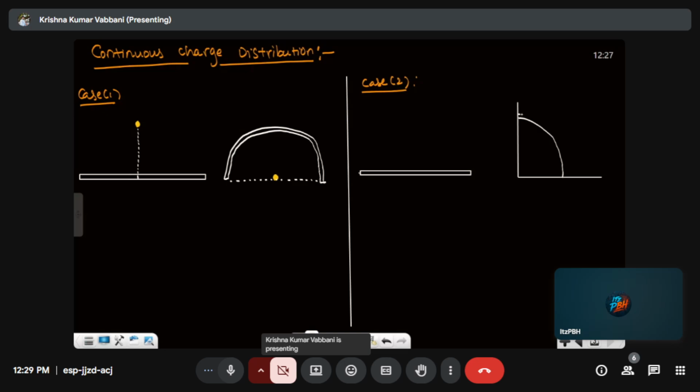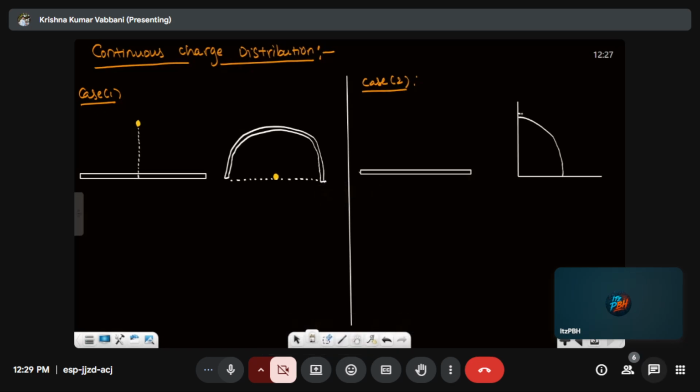Sir, then how to find this? There is a method to find this answer. This method is important and we are going to discuss it now.